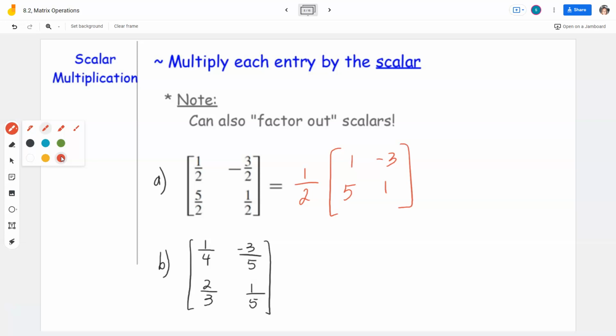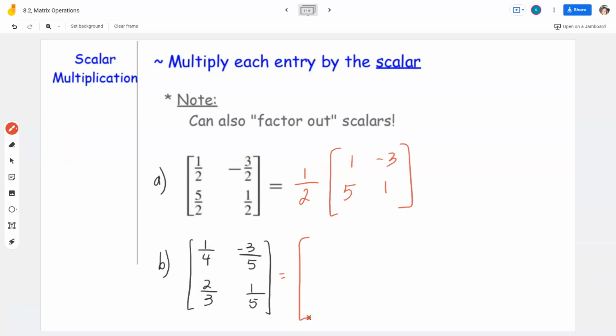Oh, 20 does not work. 30 does not work. 40 does not work. 50 does not work. 60. Yes! 60. So, if I was to change this to 60ths, what would I get?